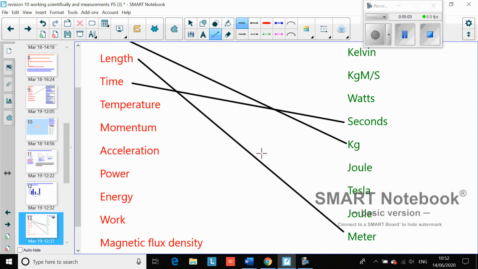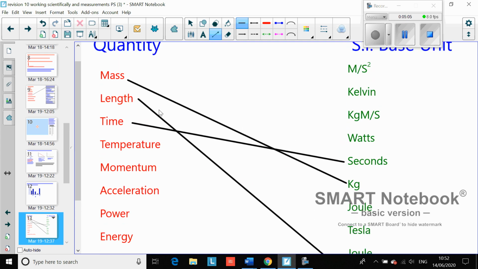Now, temperature, a bit of a tricky one. It's measured in the unit called Kelvin, but that said, you will probably come across it more regularly as degrees centigrade. Just for your information, degrees centigrade we think has 0, which is the temperature of freezing water, 100, which is boiling water, and things like that.